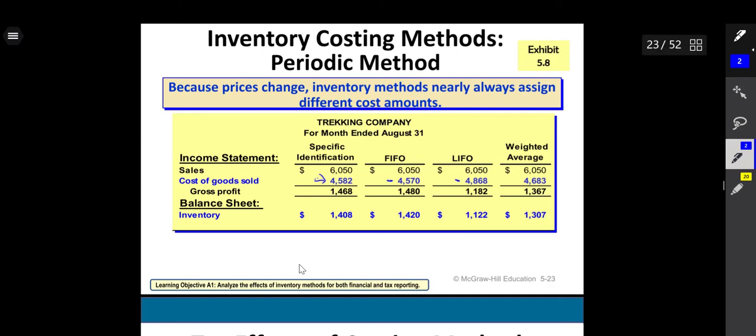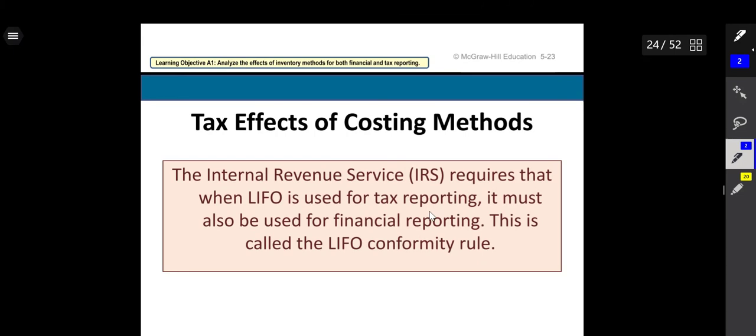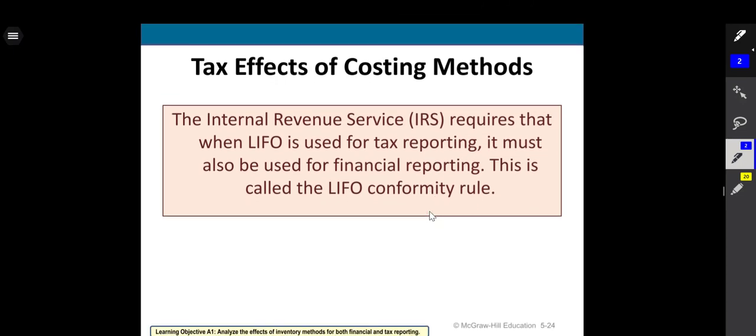And it does show that here, see? So if you're in a time period where the costs are increasing for your inventory, FIFO gives you a lower cost of goods sold. Weighted average comes in right between those two. So some folks look at this and say, okay, I want to avoid the taxation, so I'm going to go with this LIFO method. And that's perfectly reasonable. You can do that.